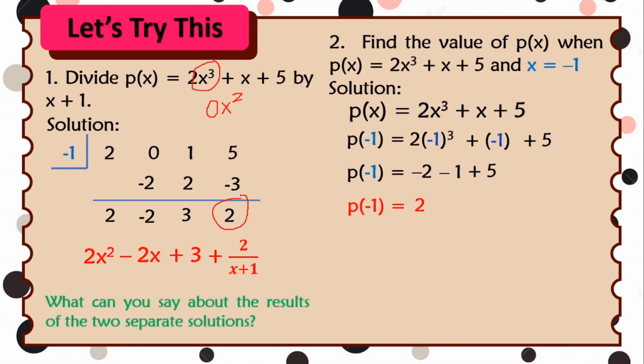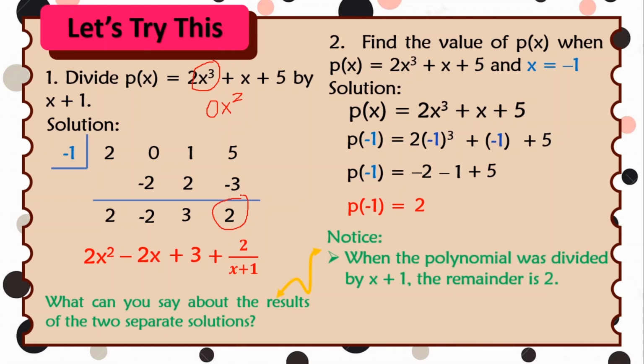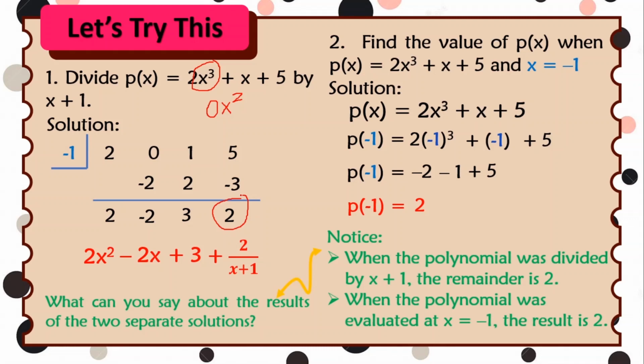So, from the two different questions, what can you say about the results of the two separate solutions? You will notice that when the polynomial was divided by x plus 1, the remainder is 2. And when the polynomial was evaluated at x is equal to negative 1, the result is 2.